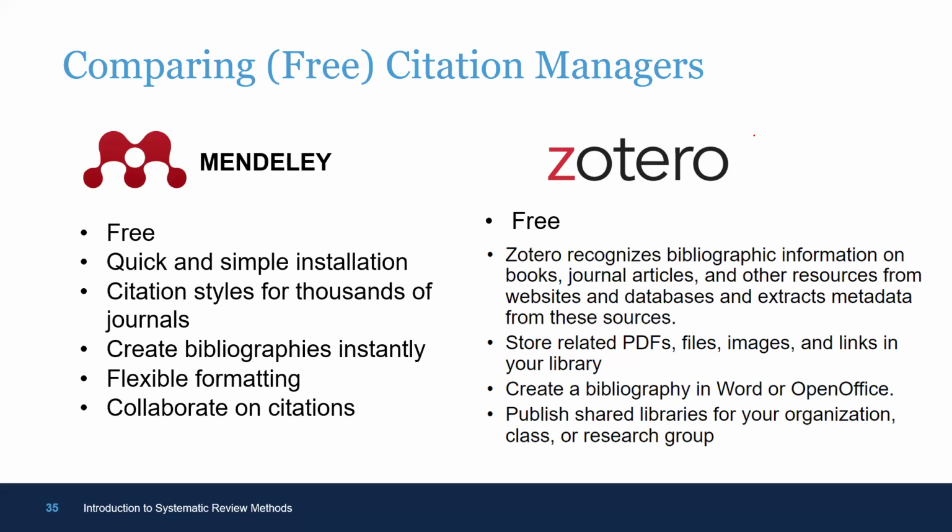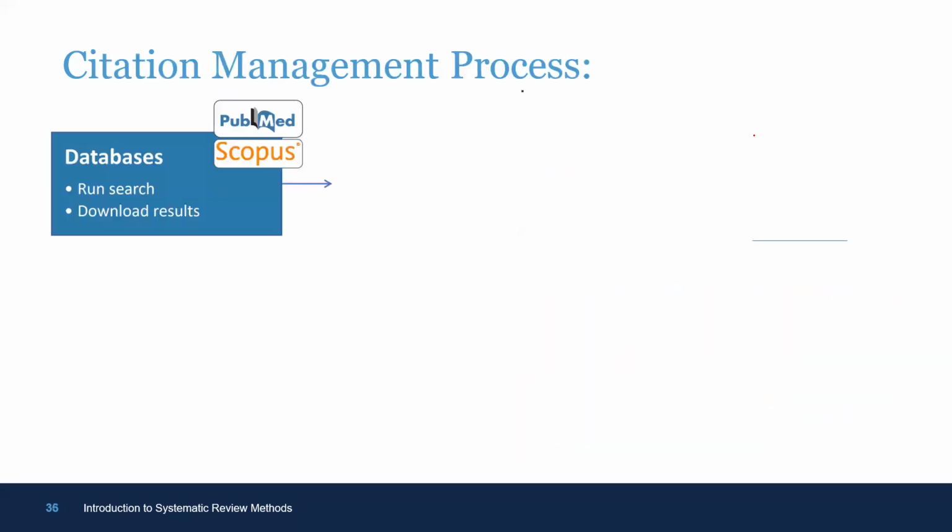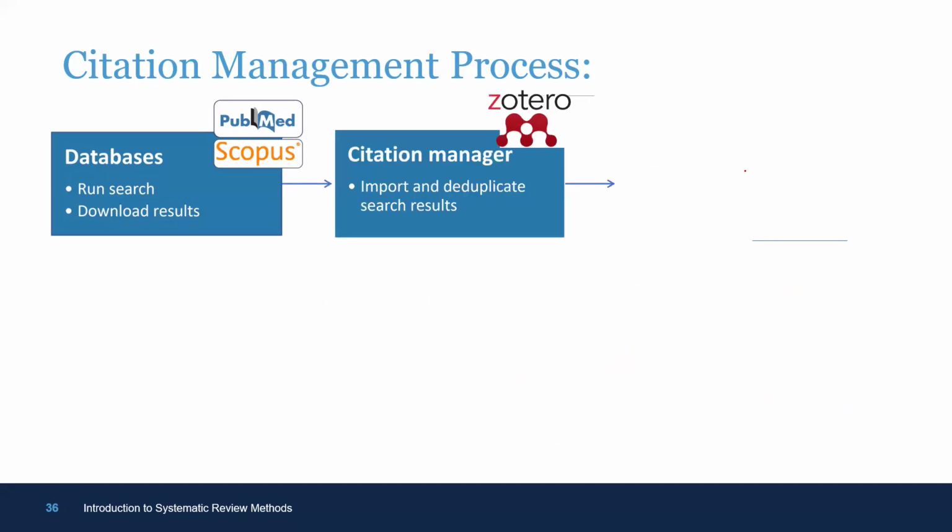Anyway, let's talk about the citation management process. Assuming you spent some time running the searches, as we've said, and you've downloaded the results in PubMed and Scopus, you can export those to the citation manager. When you send them to the citation manager, it will automatically tell you these are duplicates, and they would be removed automatically, or it will tell you they are here and it's up to you to delete them.